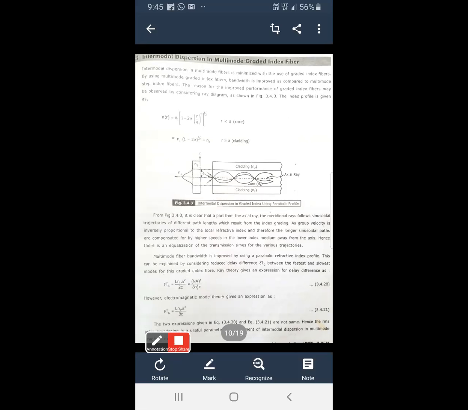The master, some of the modes will be having the lower, so that is represented across here.